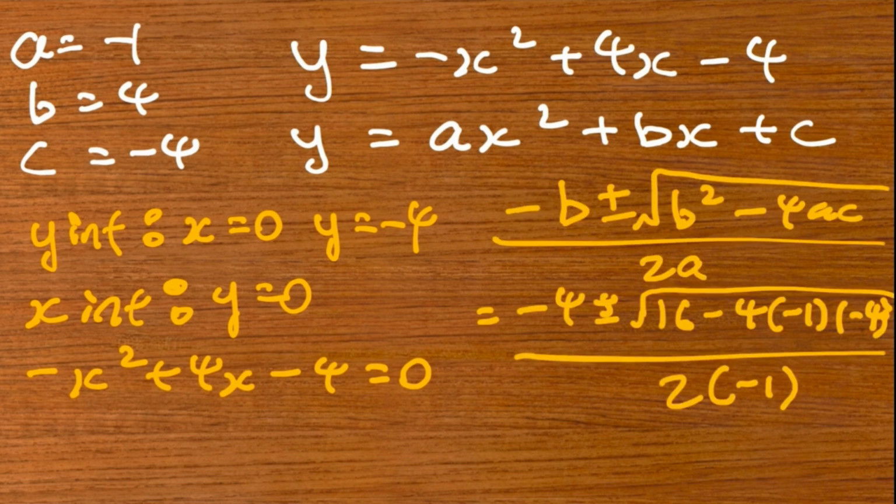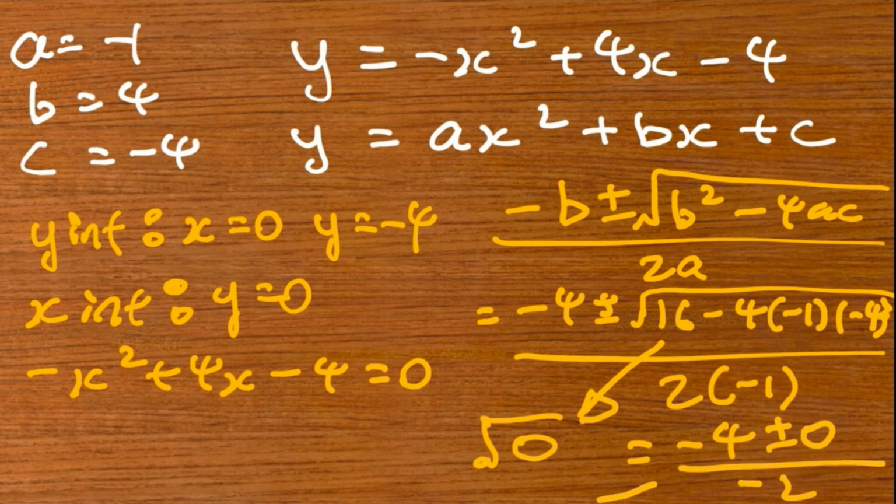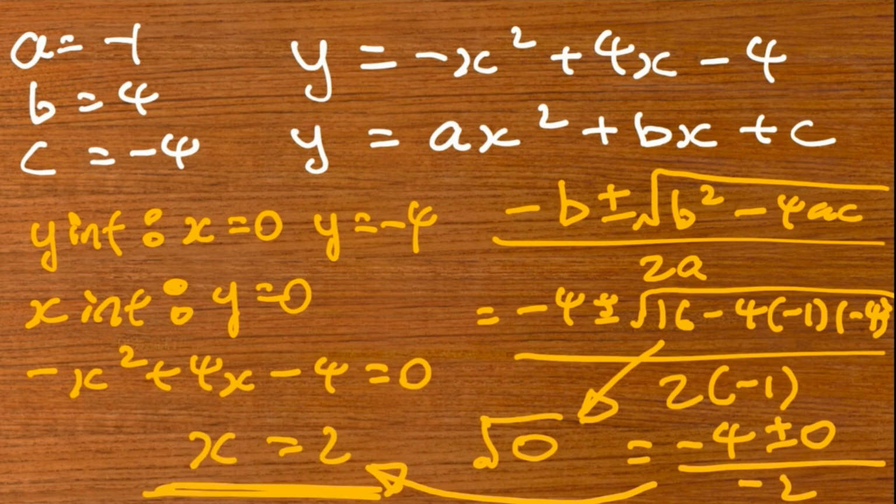Because the square root of 16 minus 16 is 0, there will only be one solution. -4 plus or minus 0 over -2 will give us x equals 2. So x equals 2 is the only root that exists for this quadratic equation.